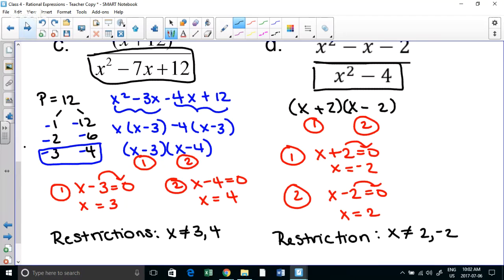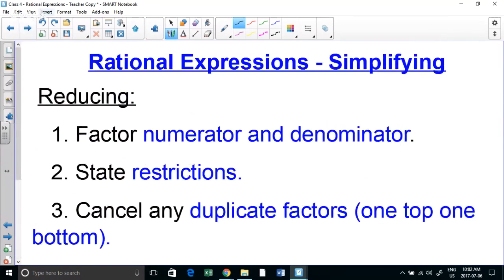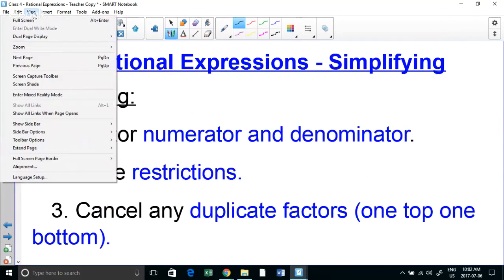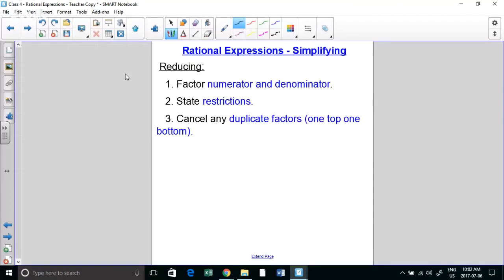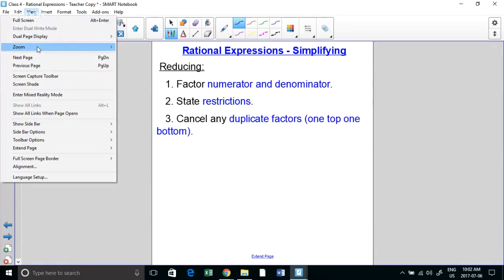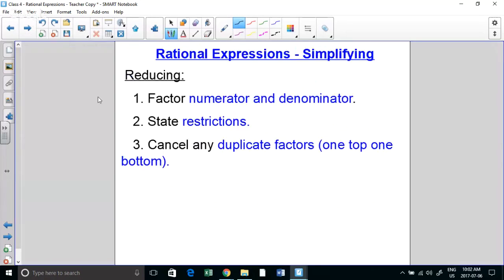Okay. So the next thing you did with fractions was simplifying the fractions.